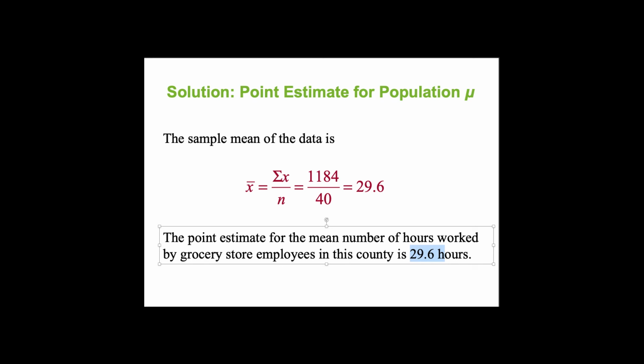But we would like to have an interval estimate. An interval estimate would be, we say we are 90% confident that all the workers work between, let's say, 20 to 40 hours or something like that.